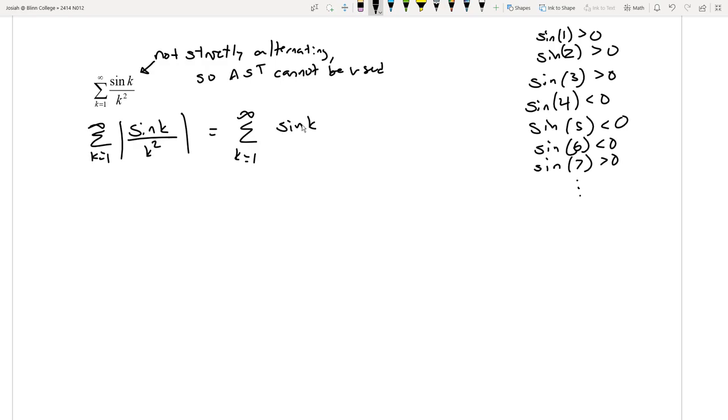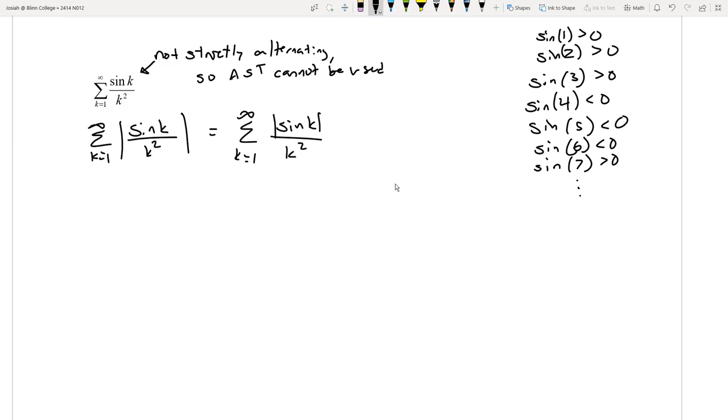So we can actually just apply the absolute values to the sine instead. So we'll have to figure out how we can get this through our tests. Since sine of k with absolute values on it is always positive and k squared is always positive, this is a positive term. Whenever we apply our absolute values, we end up with positive terms, which means that these are fair game for any of our other tests.